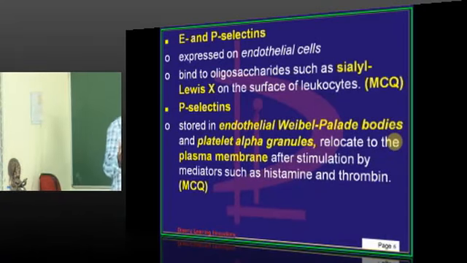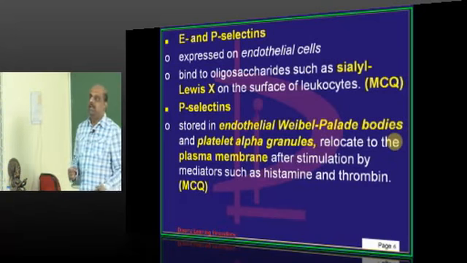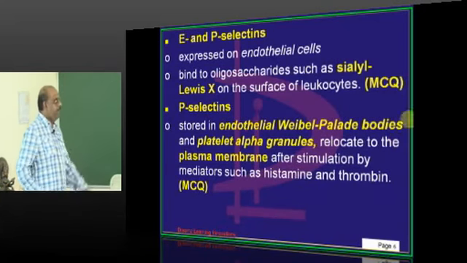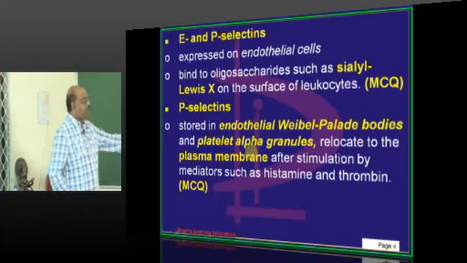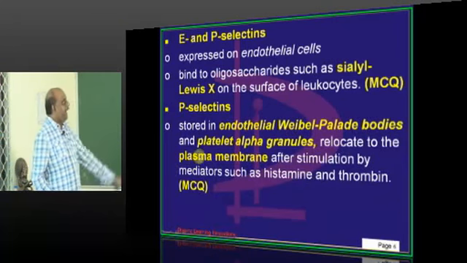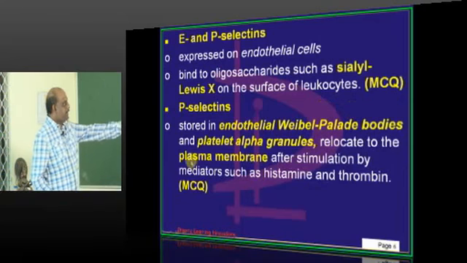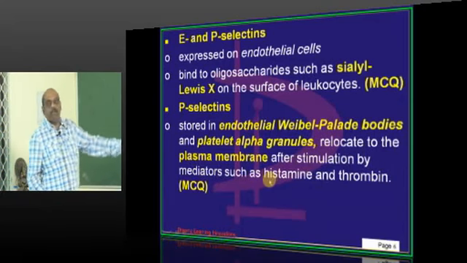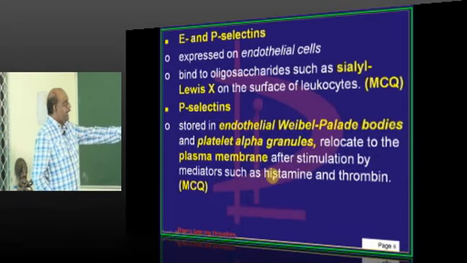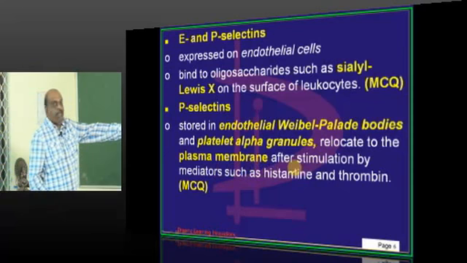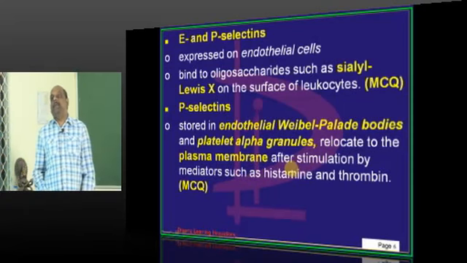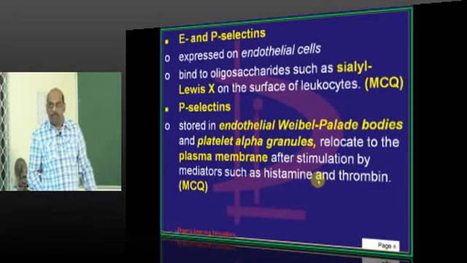P selectins are called P selectins because in the vascular endothelium we have what are called Weibel-Palade bodies, and they are stored in these Weibel-Palade bodies, and they relocate to the plasma membrane. And who makes them relocate to the plasma membrane? Histamine and thrombin.